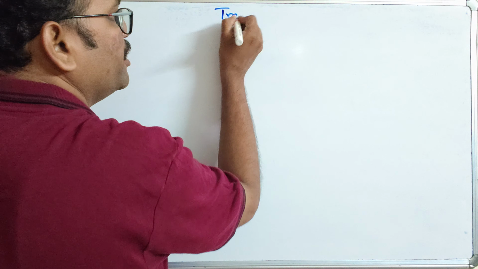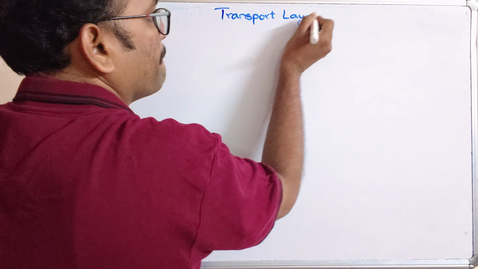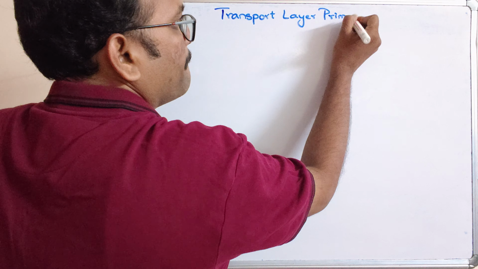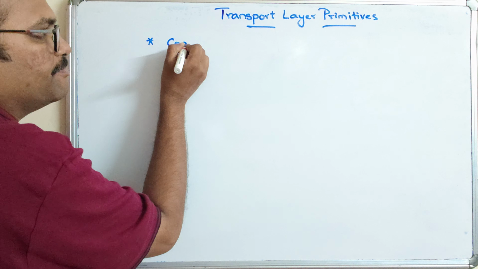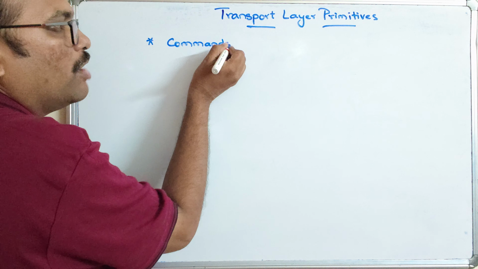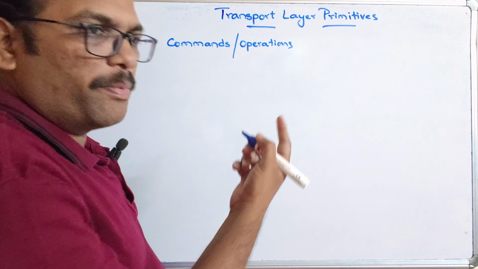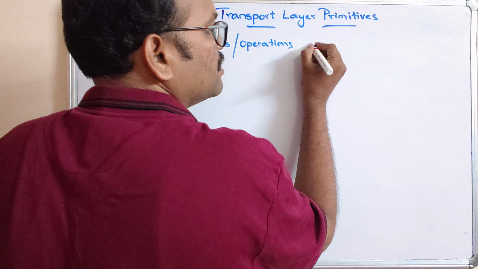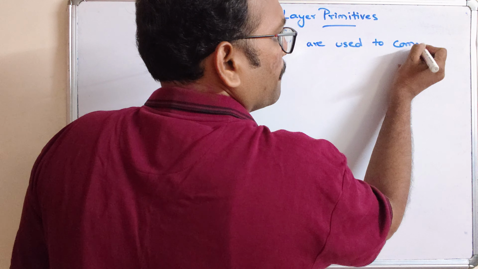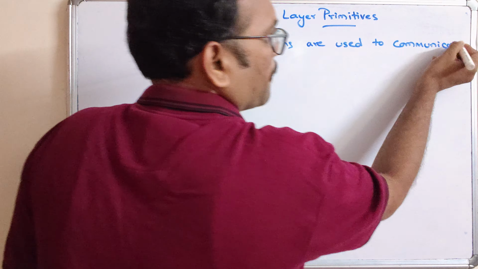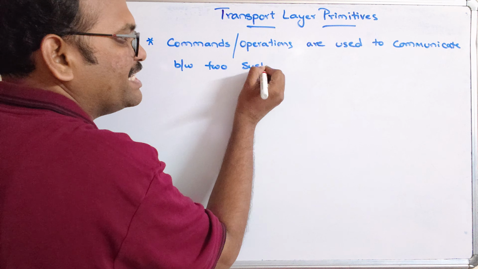Transport layer primitives. So what we said, primitives are commands, or we can also call them operations. So what is the use of these operations? These commands or operations are used to communicate between two systems, that means a sender and receiver.